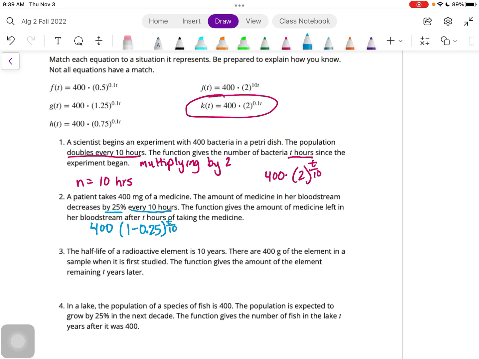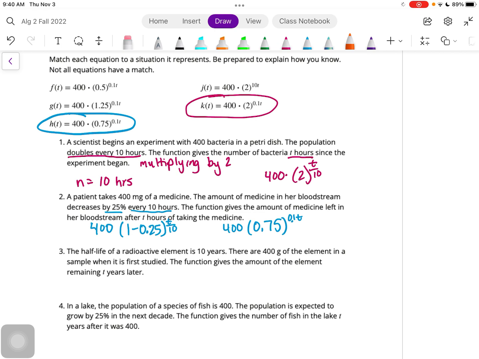And so 1 minus 0.25 is, oh, I'm sorry, it's 400 times 0.75, and then we can change that to a decimal, 0.1 T. So that one's going to be H.